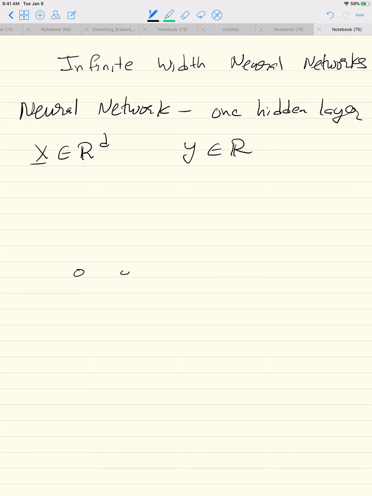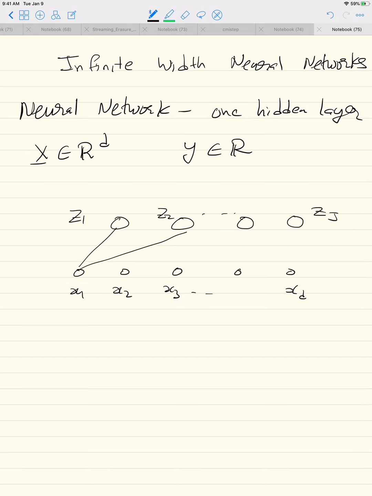So the way it works is we have x1, x2, and so on up to xd. It feeds into some hidden layers, z1, z2, up to zj. And then there is a bipartite graph between each pair.